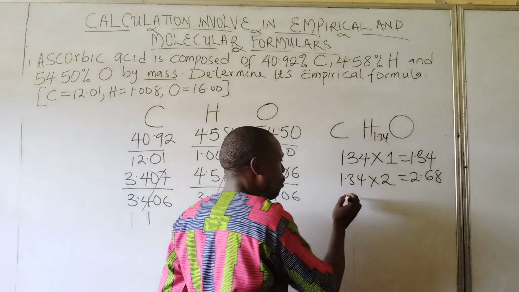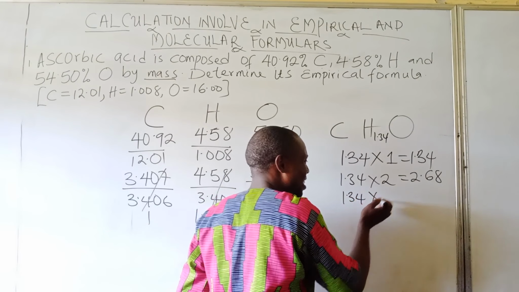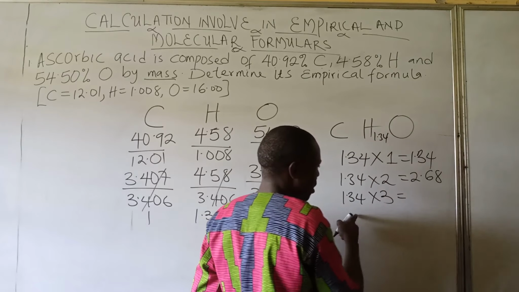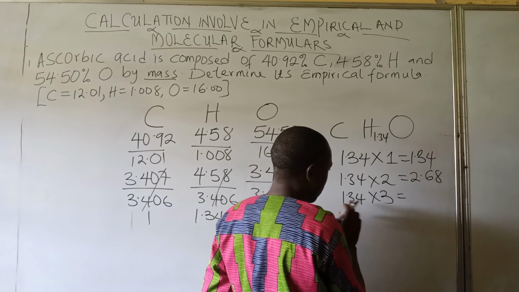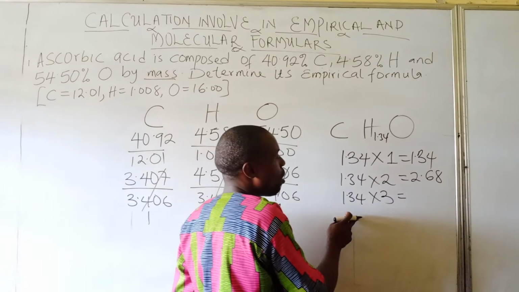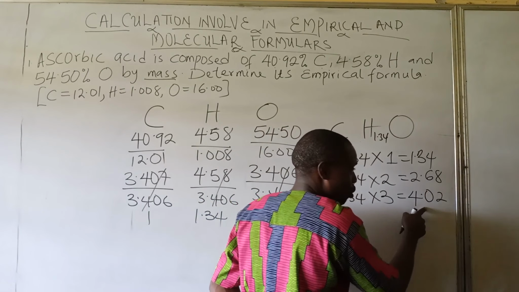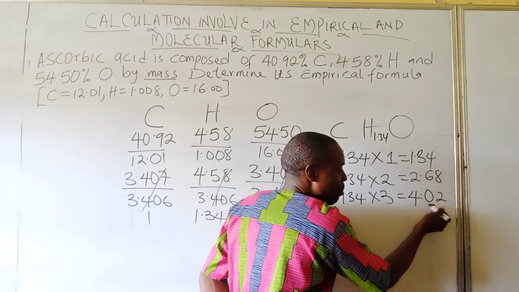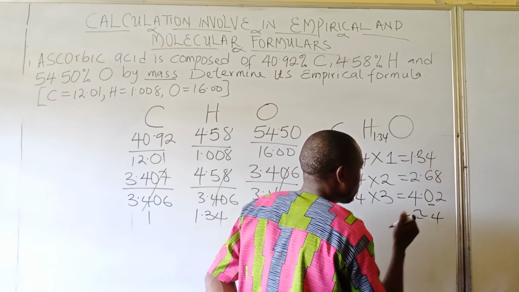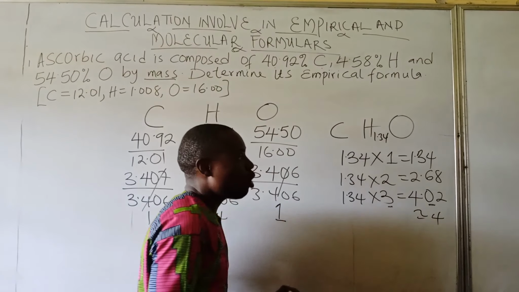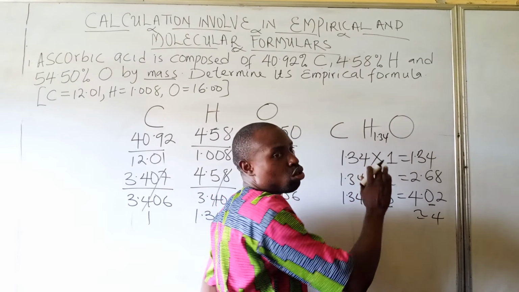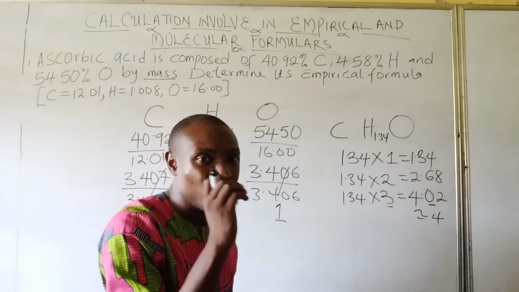But if I make use of 1.34 times 3, I'll have 4.02. So this one can be approximated to 4. So it means 3 is what we use to multiply all through to get a positive integer.